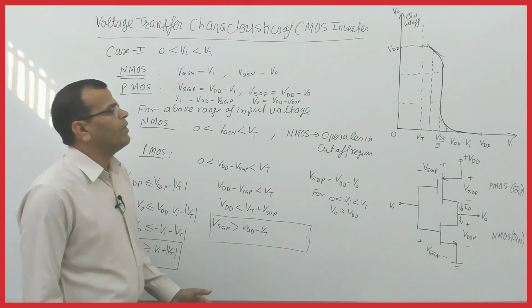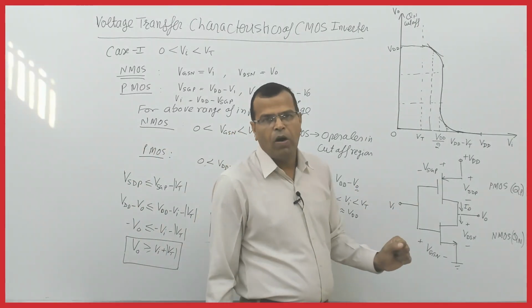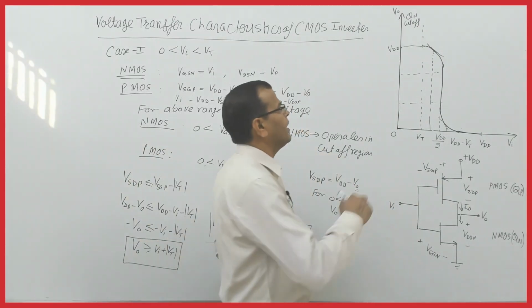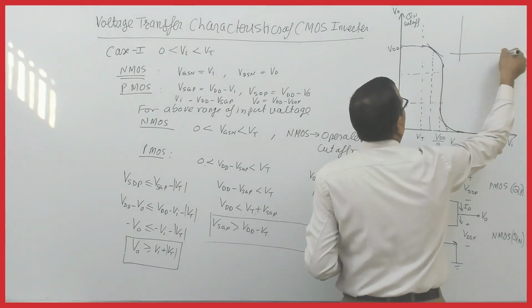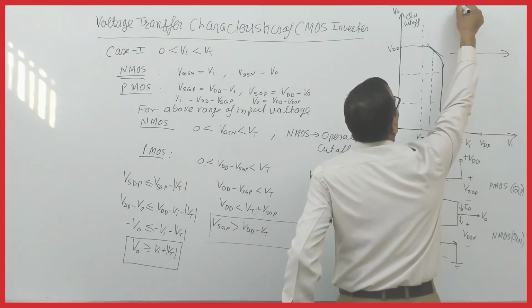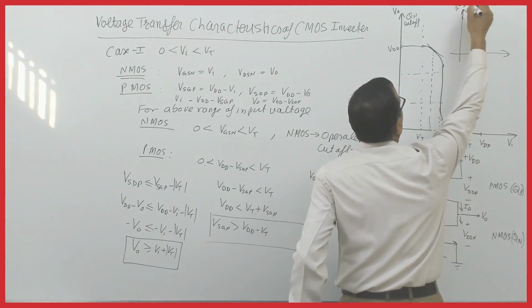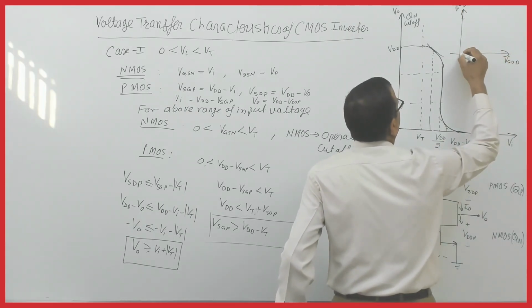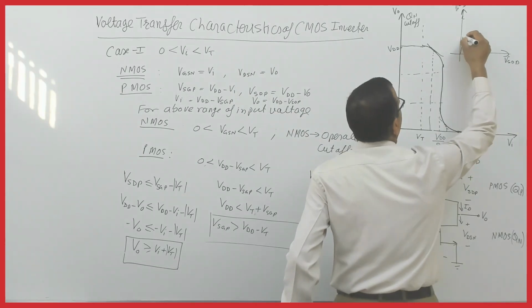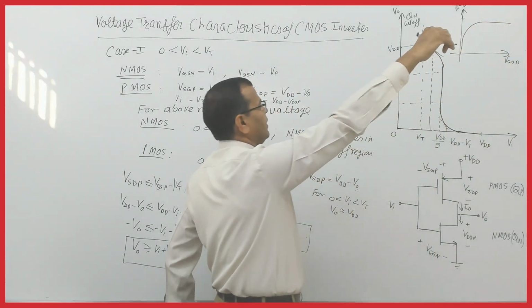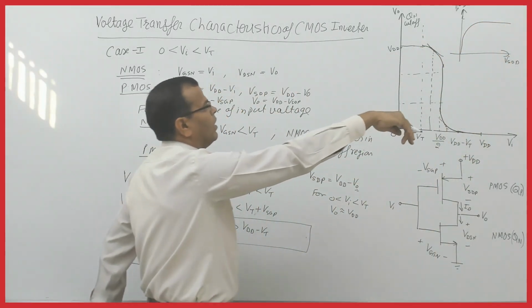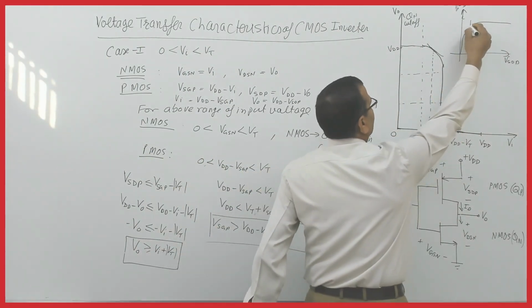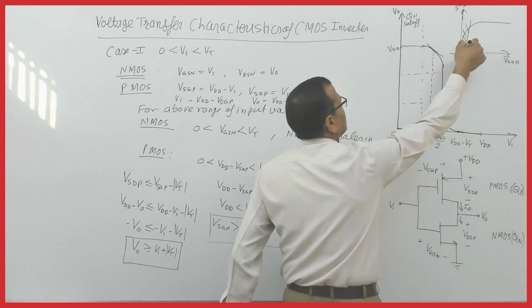And when VSDP is small, if you remember the characteristic of the circuit, this is drain current, this is VSDP, and this is the characteristic. So when VSDP is small, the region of operation will be nothing but ohmic region.